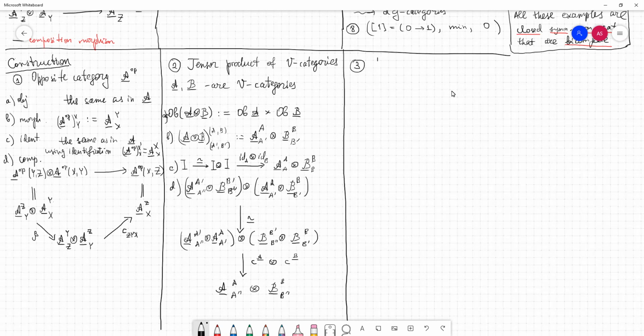Third is the trivial enriched category. As you remember, in the case of sets, the category consisting of a single object, 0, and the identity on it, was a trivial ordinary category.